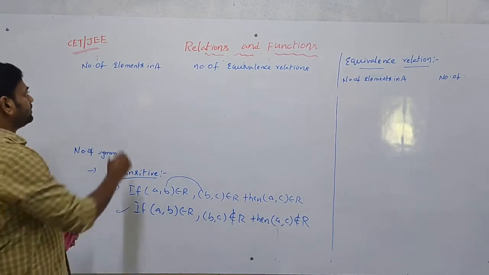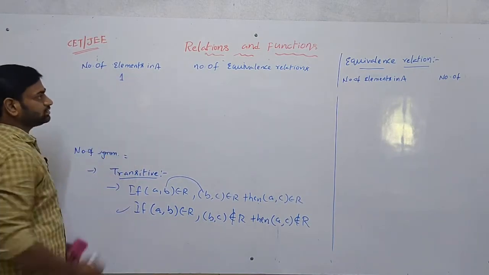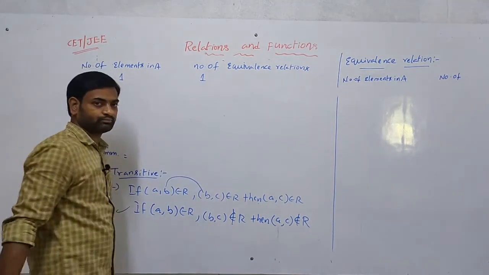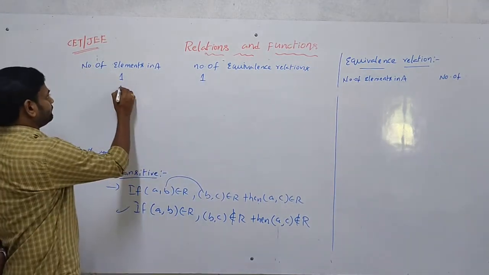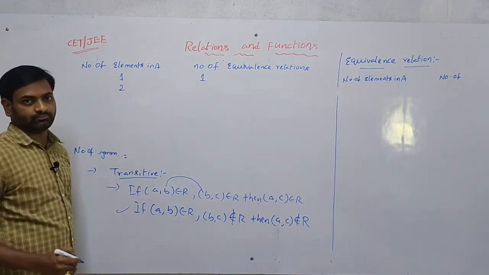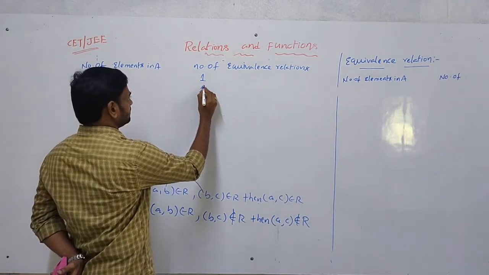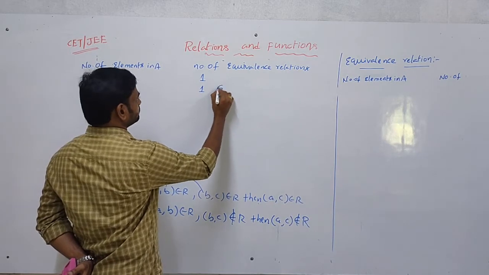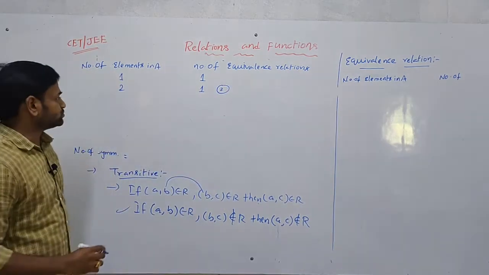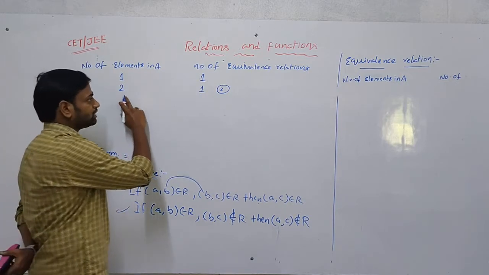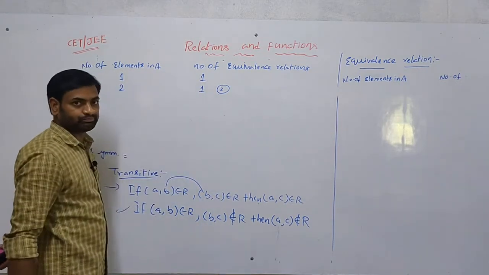See here, in the set A, if we have only one element, then the number of equivalence relations is 1. Next, if we have two elements in the set A, then write down this one again here. Now 1 plus 1 is 2. So in the set A, with two elements, the number of equivalence relations is 2.